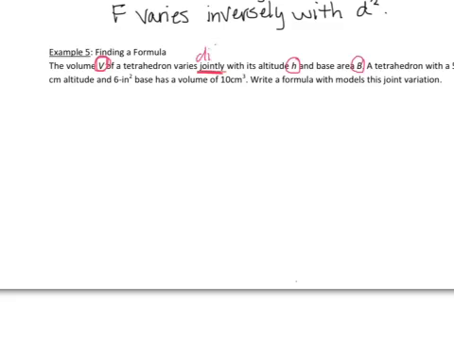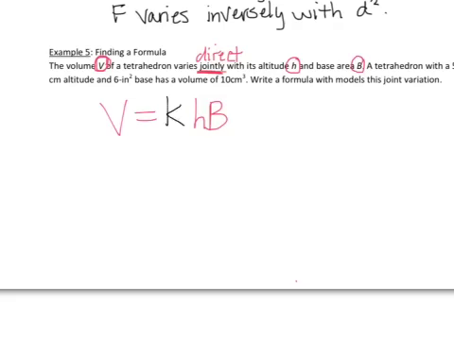Direct. So are h and b going to be on the top or the bottom? They're going to be on the top. What do I have on the other side of my equal sign? V, and then what do I still need in there that's in all of these equations? The constant, yes, the K.